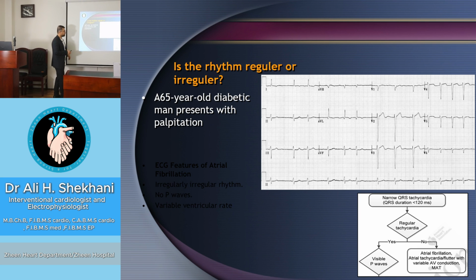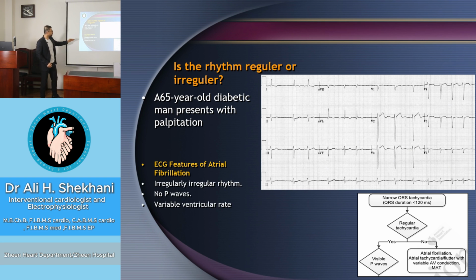If we apply the algorithm, if it is irregular and there is no P wave, the differential diagnosis could be either AFib or multifocal atrial tachycardia or flutter with variable AV block. As there is no P wave, the condition is atrial fibrillation. The criteria for atrial fibrillation: irregular rhythm, no P wave, and variable ventricular rate.